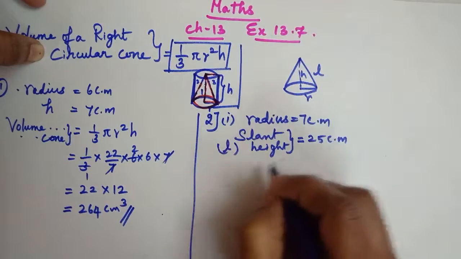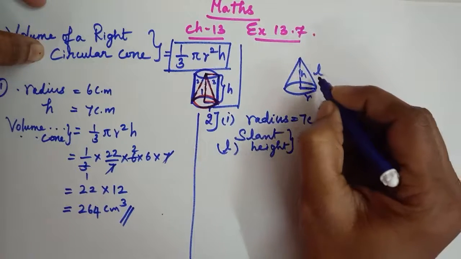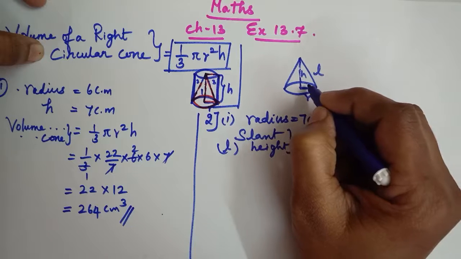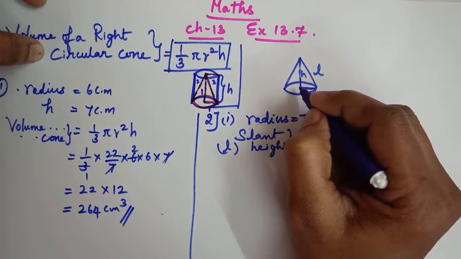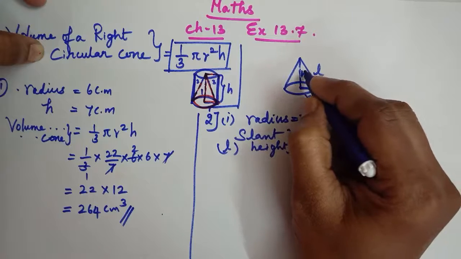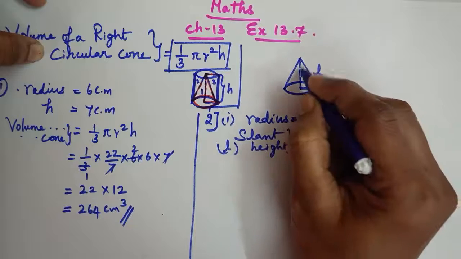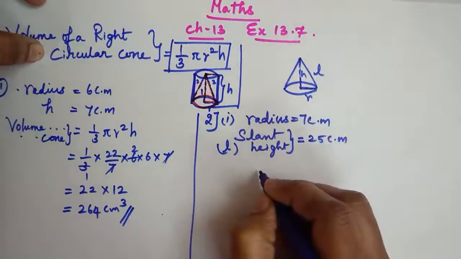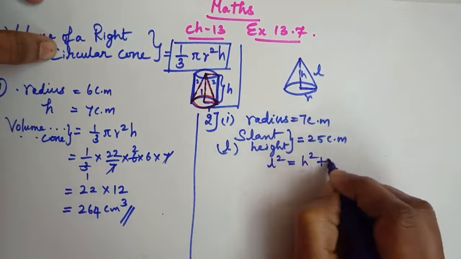Is it clear? For h, students, listen, I have already taught this in the previous videos. Here this looks like a right angle triangle, so we can apply the Pythagoras theorem, and we can easily find h. Using the Pythagoras theorem, because this is a right angle triangle, we can write that L squared is equal to h squared plus r squared.